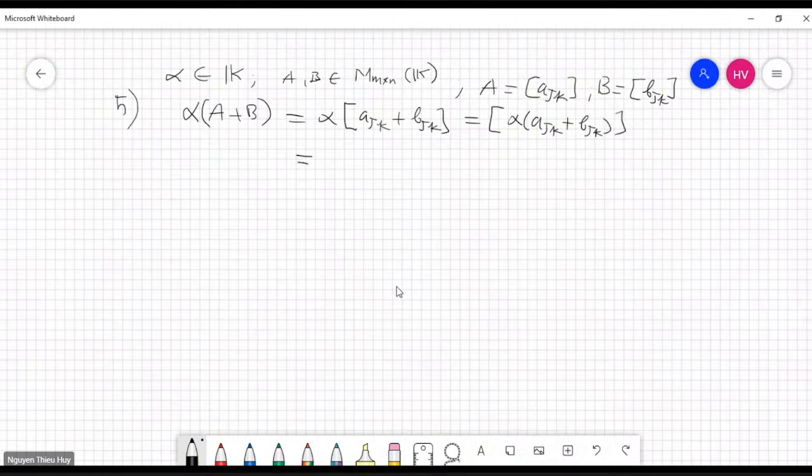But this is a multiplication in the field K. What we are doing here is in K, and K is a field, so in the field we already have the distributive property. So you have alpha a_jk plus alpha b_jk.